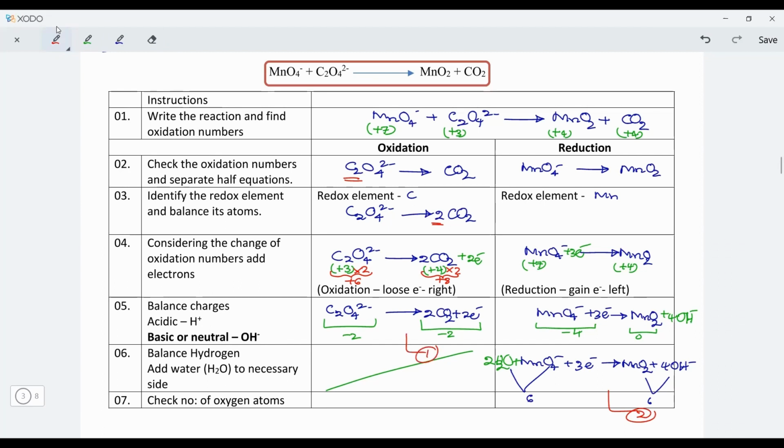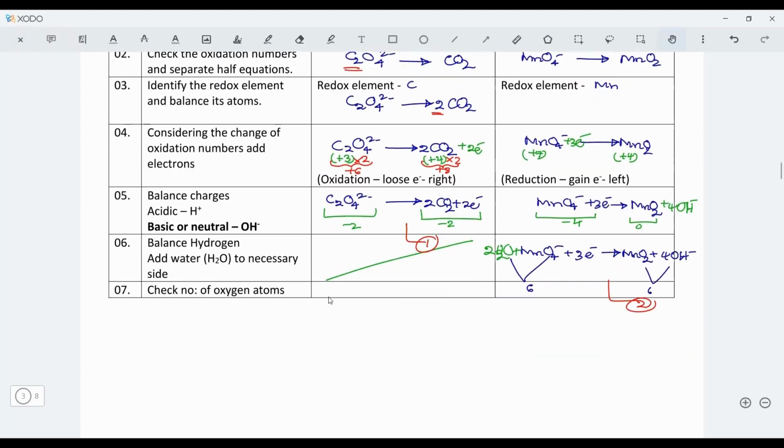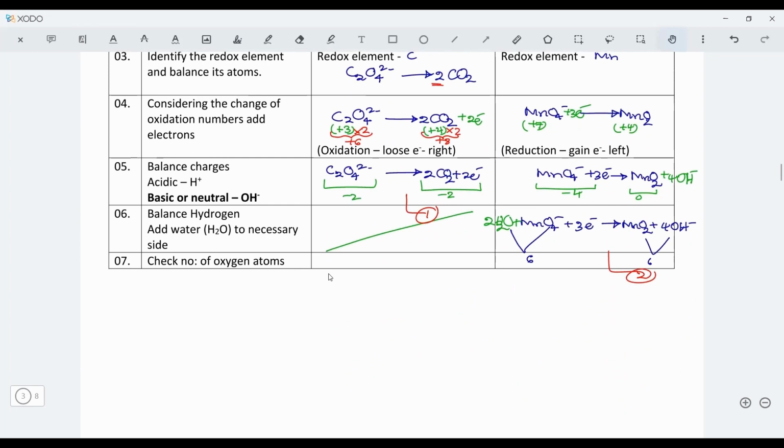Now the oxidation half loses only 2 electrons, but the reduction half needs 3 electrons. So in this kind of situation, you have to get the least common multiple. You multiply the first equation by 3 and then add it to the second equation multiplied by 2.